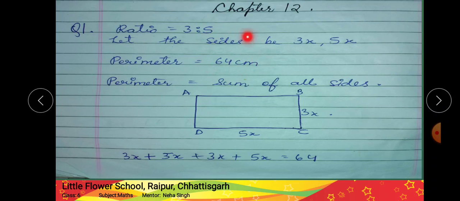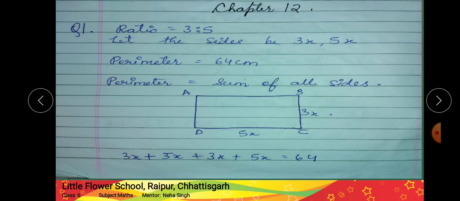Perimeter is given 64. What is perimeter? Perimeter of figures is the sum of all sides. For a parallelogram, the perimeter is the sum of all sides. This is 3x, so this will also be 3x.